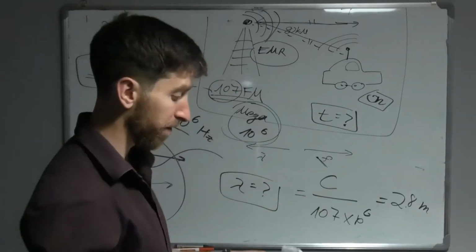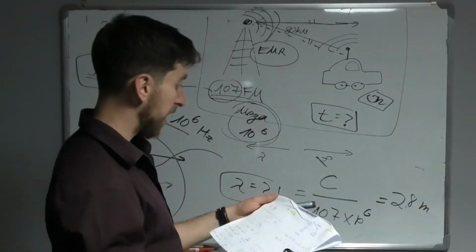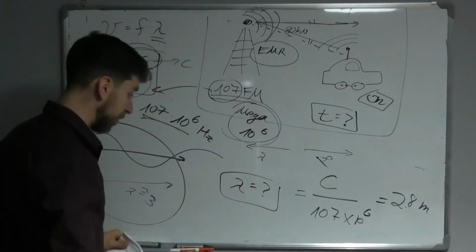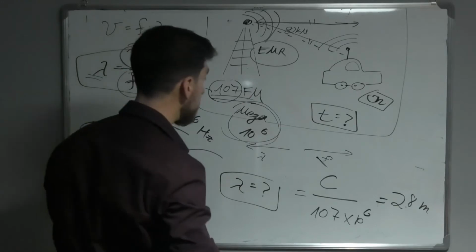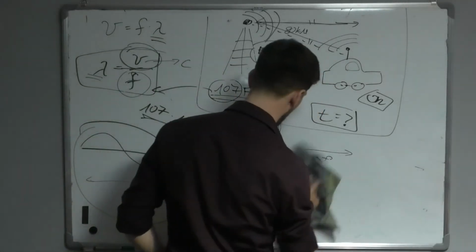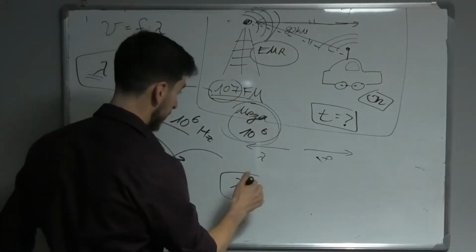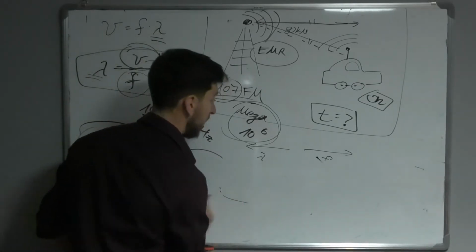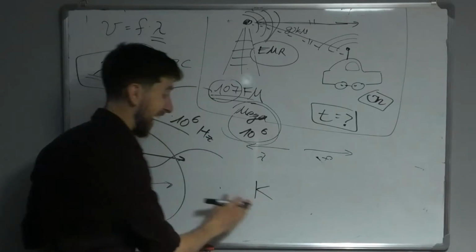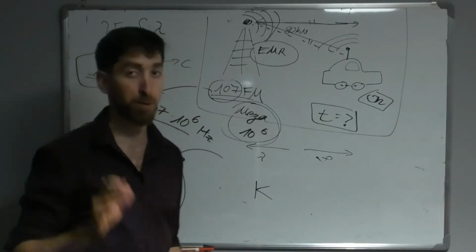We have another thing that's super important. The last thing I want to ask you is, what is the wave number? For now, I just want you to remember the relation between the wave number, which is k, and the wavelength. We're going to talk about the wave number in the next question.